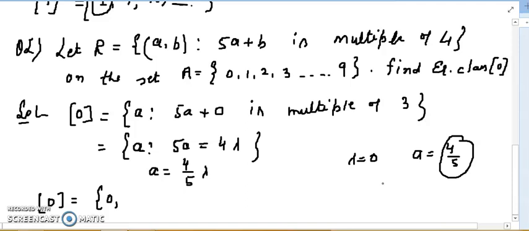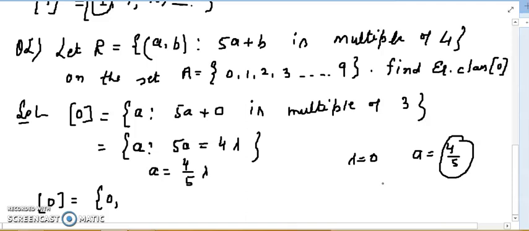So which value of lambda can we take? Think. If you take 2, 2 times 4 is 8. No, you cannot take 2. Can you take lambda equal to 5? 5 times 4 is 20, and 20 divided by 5 gives you 4.